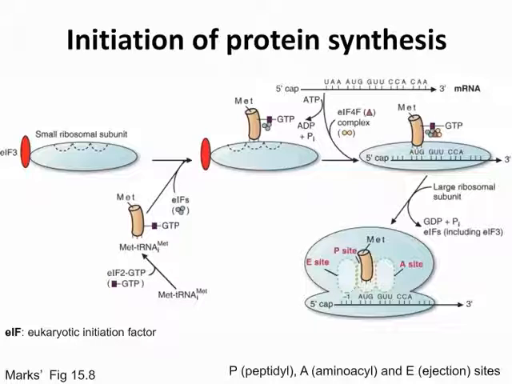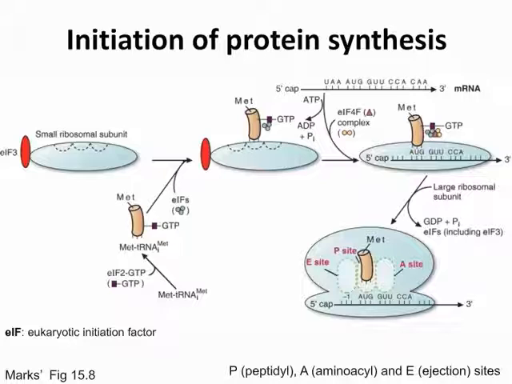So quick recap, methionyl-tRNA binds with EIF2. That complex is going to bind to EIF3, which is bound to the 40S ribosomal subunit. Okay, so now we have this complex that has EIF3, the 40S ribosomal subunit, methionyl-tRNA, and EIF2. So that's one complex.